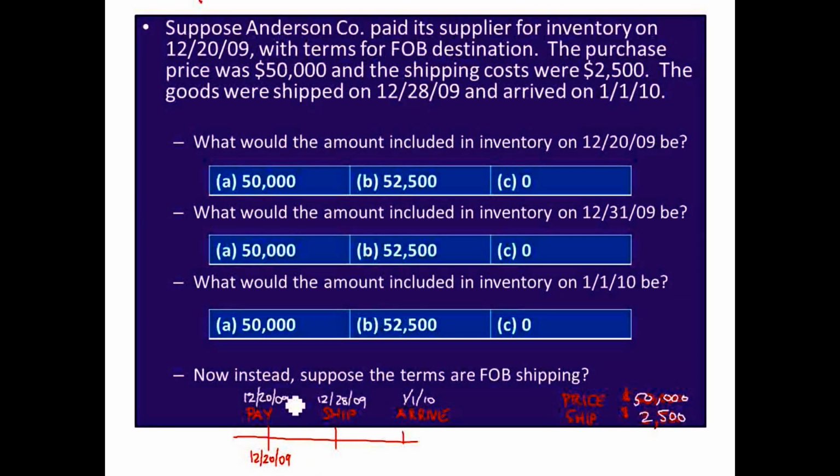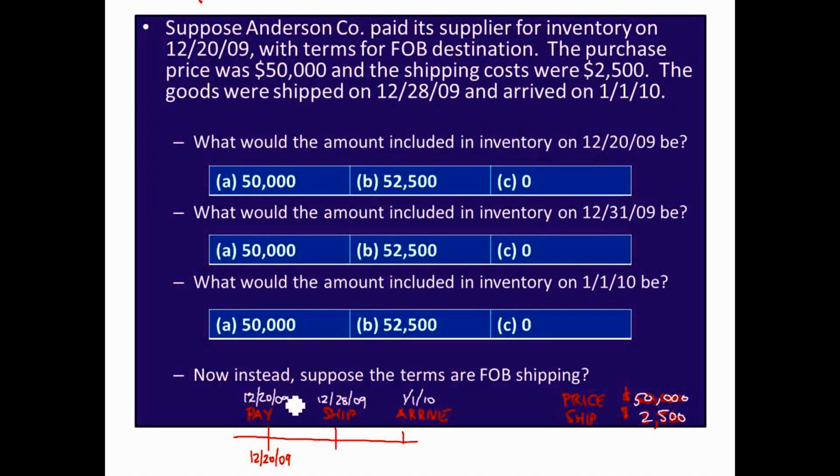So what does Anderson have on 12/20/09? Now it paid though, so its cash went down. So something else, like they're not giving away cash for free. So what do they have?